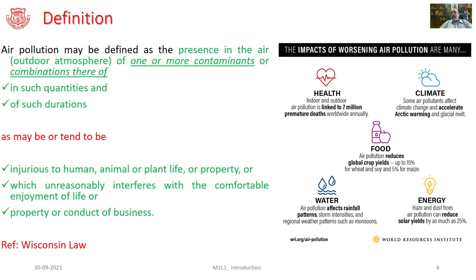As there is a presence of haze, as there is a presence of particulates in the atmosphere, it will cause reflection as well as change the pattern of transmission, and hence there is a reduction in solar yields by as much as 25%.